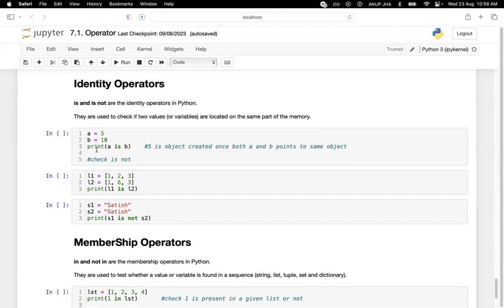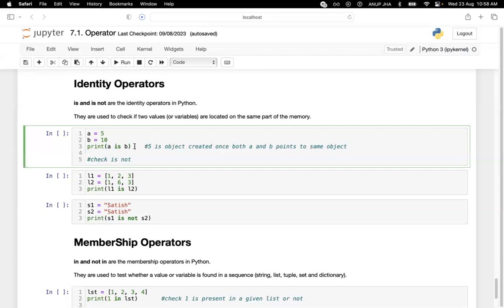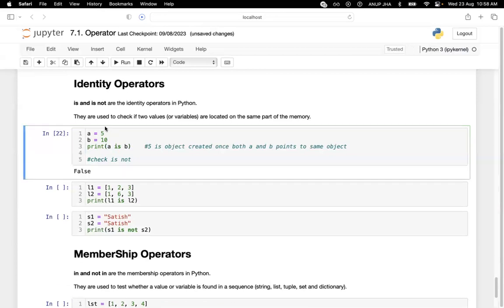Now it is asking me to print A is B. That means, is A equivalent to B? I'm asking you, is 5 equal to 10? No, 5 is not equal to 10. That's why I'm getting False here.